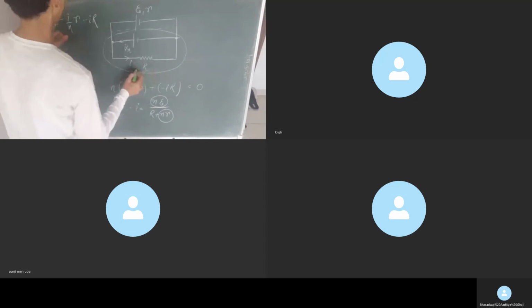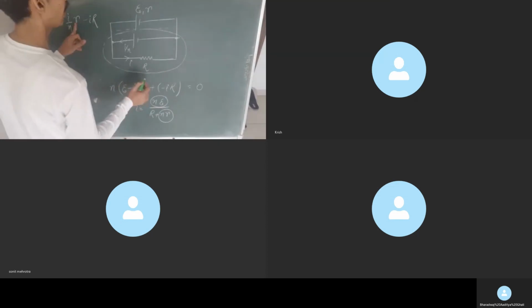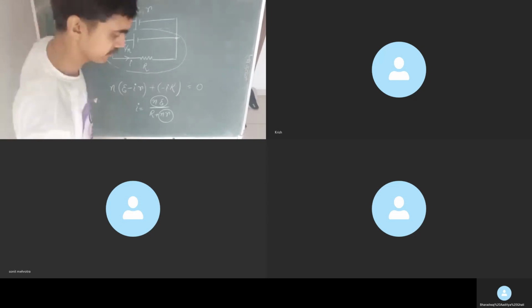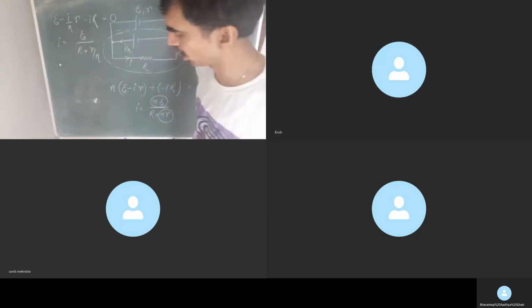So this gives E minus I by n into small r, and this gives minus IR. We are back to the point where we started our journey, equal to 0. So from here we get I as E divided by capital R plus small r by n, agreed or not?